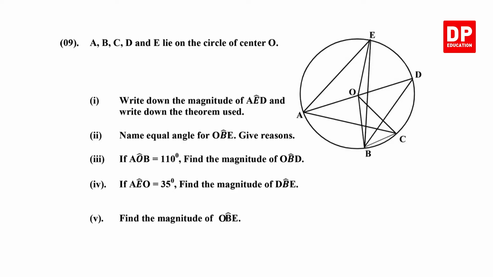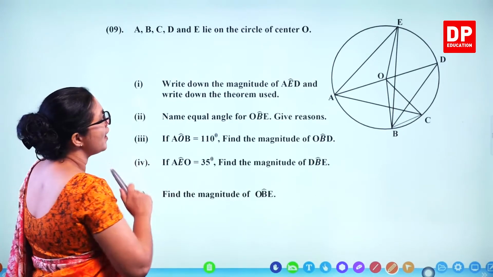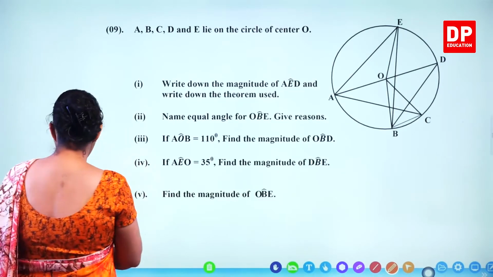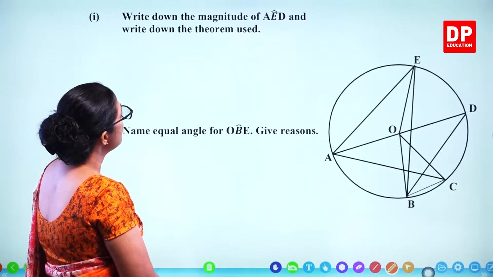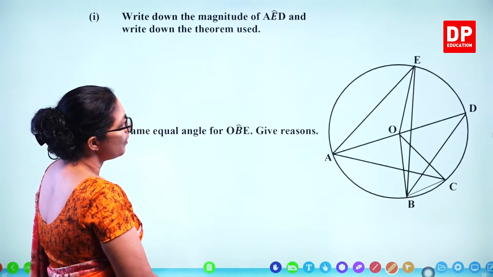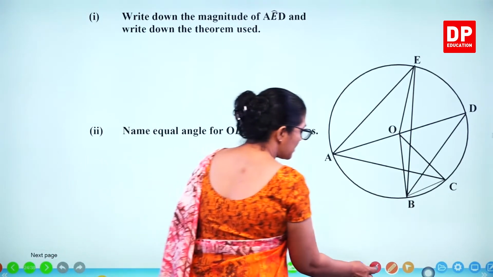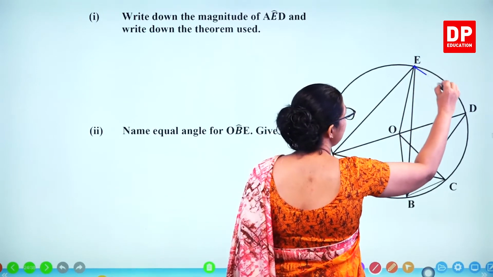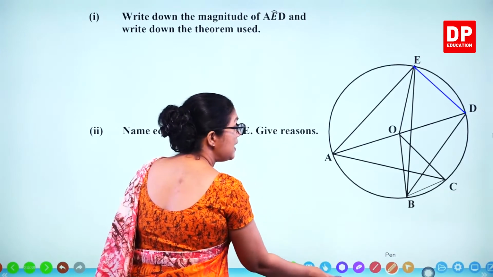Question number 9, this is about circle theorems and you have to find angles. Let's do that. Write down the magnitude of angle AED and write down the theorem used. O is the center. AED, so I'll connect D. AD is the diameter.